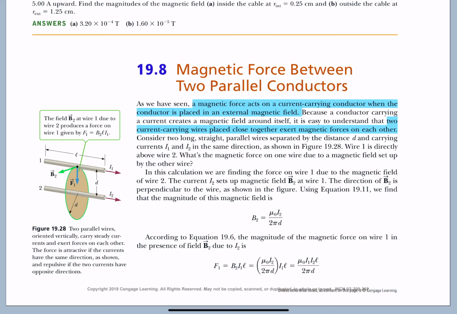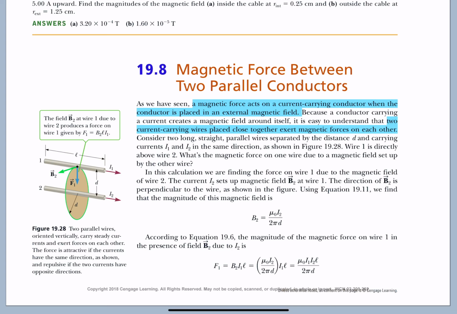Now, the magnetic field established around wire 2, because there's current going in it, will affect wire number 1 that is above it at a distance d above wire 2.